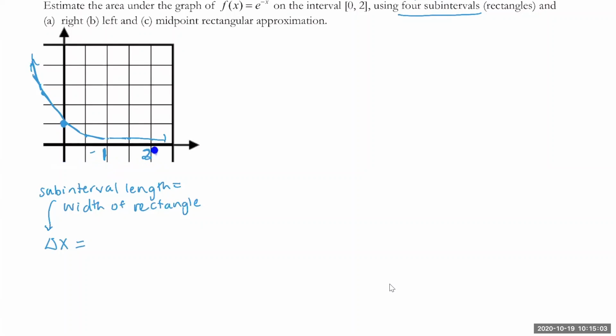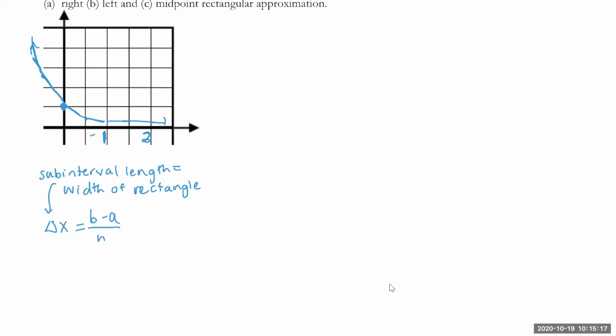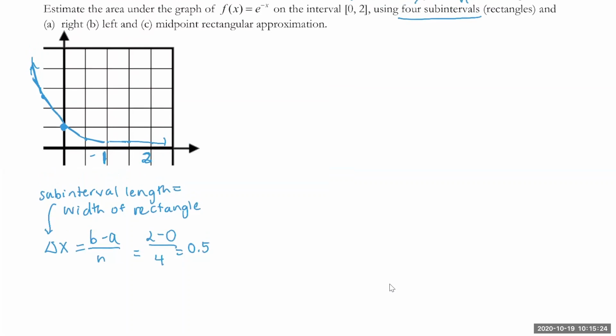We can come up with 2 also by taking 2 minus 0, or b minus a, and dividing it by the number of rectangles or the number of subintervals that was given, which is n. So for this particular problem, it would be 2 minus 0 divided by 4. So therefore, each one of my rectangles will have a width of 0.5.